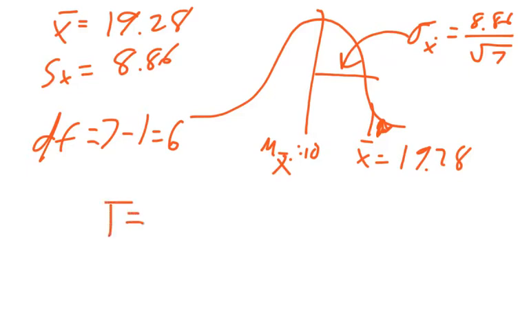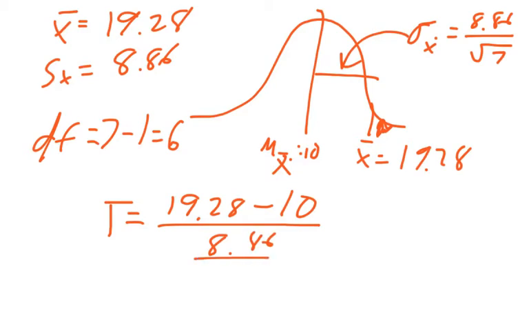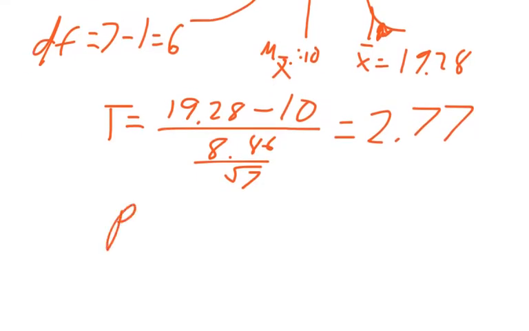So t is equal to 9.28 minus 10 divided by 8.86 over the square root of 7. And that gives me 2.77 standard deviations.